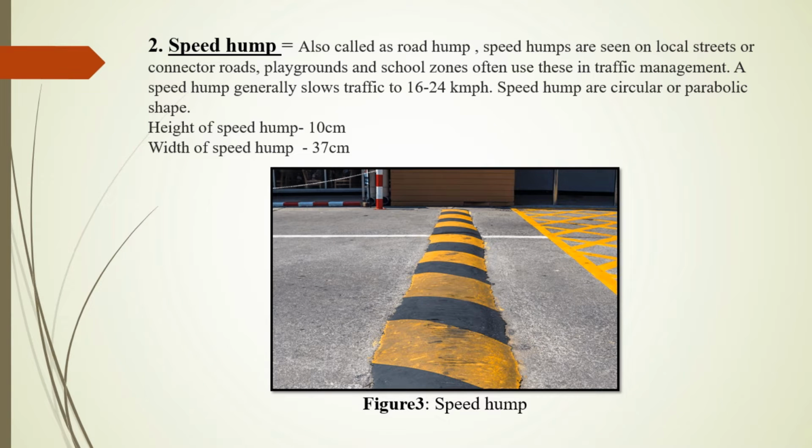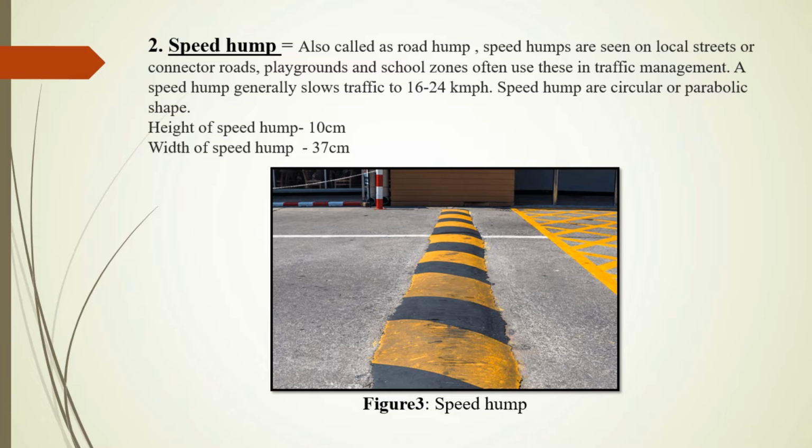Second is speed hump. It is also known as road hump. Speed humps are seen on local streets or connector roads, playgrounds, and school zones, etc., used in traffic management. A speed hump generally slows traffic to 16 to 24 km per hour.